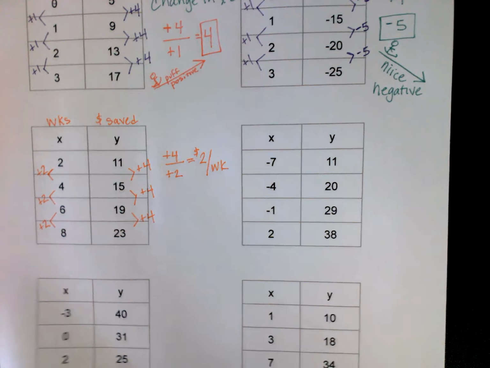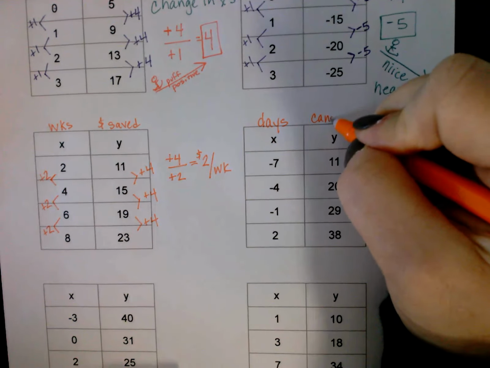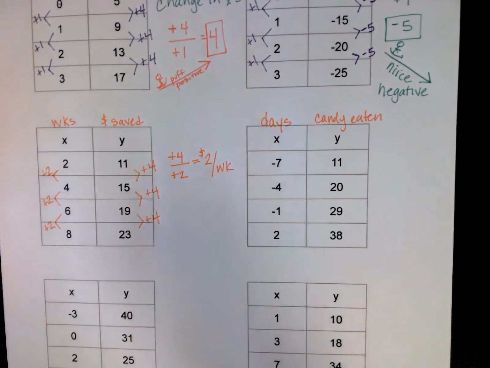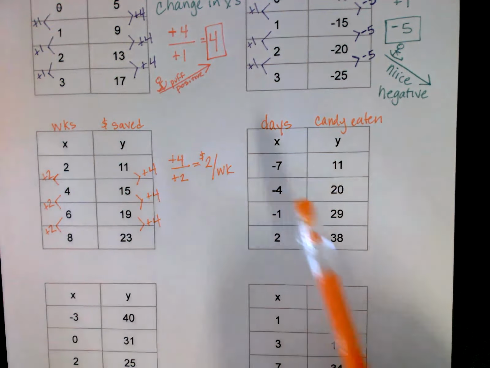All right, for the next one. Oh, let's check this out. Let's just pretend this is days and candy eaten. How much candy did these people eat every day? Can't really have negative days unless we're talking about something that happened last week, but that's okay.